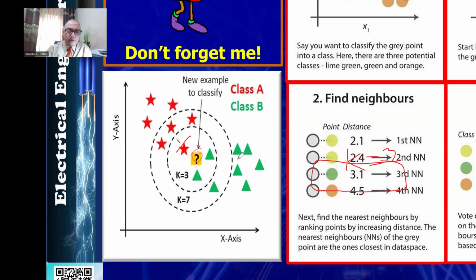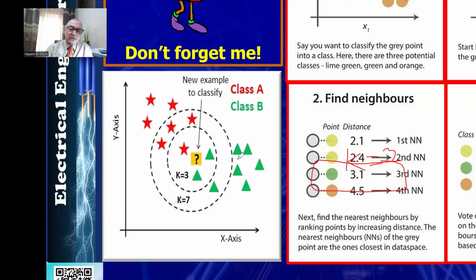We have 1, 2, and 3 samples from different classes. So in this case, we take only k equals 3. Next, we may increase this k to, let's say, 7. So we enlarge it, and the vote will be done according to these values.